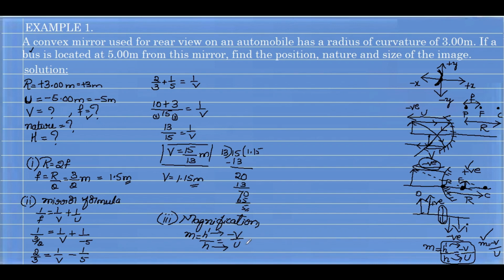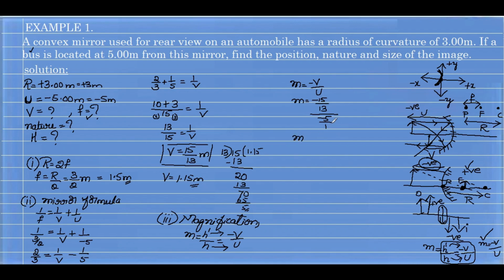We have already derived the formula for this. So m is equal to minus v by u. v is 15 by 13, so minus v means minus 15 by 13 whole divided by u. Object distance is minus 5, so minus 5 by 1.